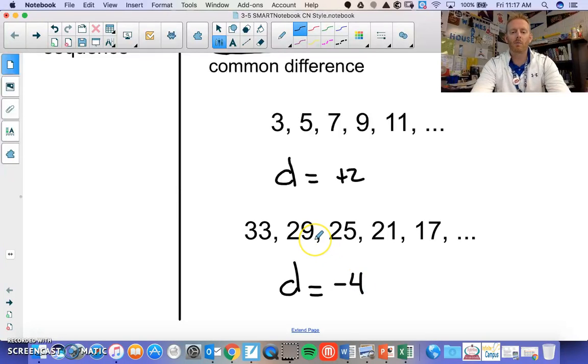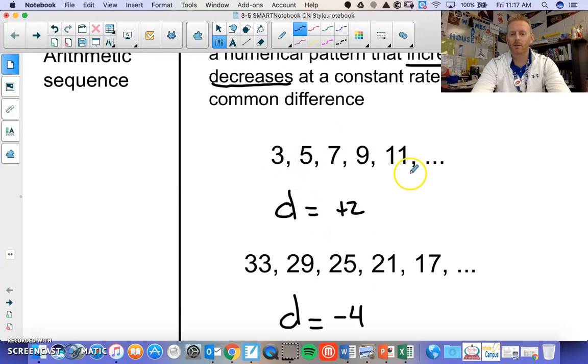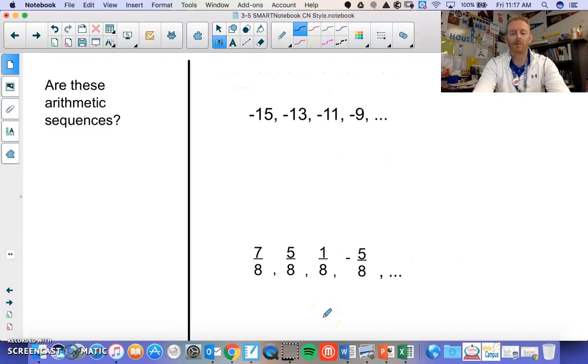So part of our process today is to say, hey, look at these numbers. If they are following the pattern of having a constant rate for all of the numbers in the sequence, then it's arithmetic. If it's not for all of them, then it's not. So on our very first examples, our question is, are these arithmetic sequences?